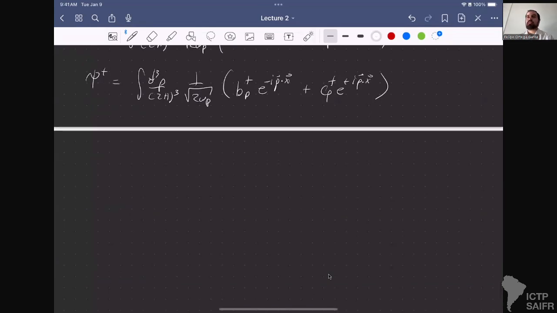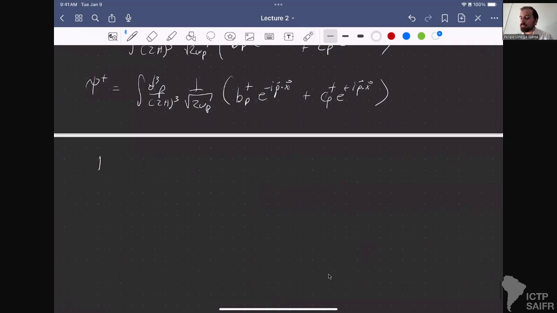So you can perform a similar exercise with this new complex scalar field theory. But I'm going to summarize or give you the answer as to the Hamiltonian of this new field theory. It is just going to be given by the integral d^3p over (2 pi)^3, omega p of B dagger p B p plus C dagger p C p.